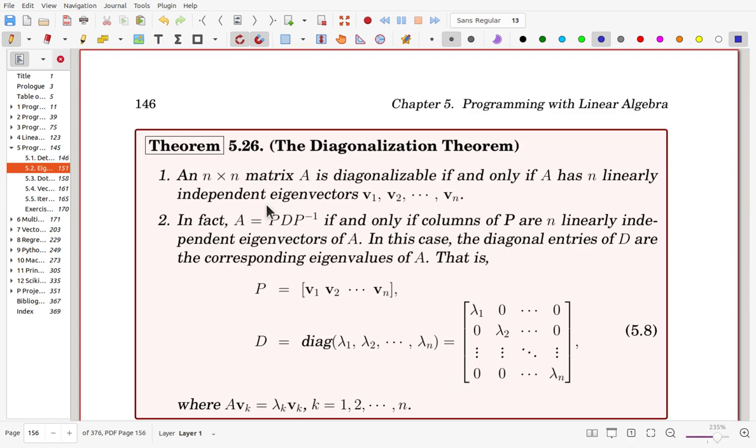So for diagonalizable matrices, it always has n linearly independent eigenvectors.